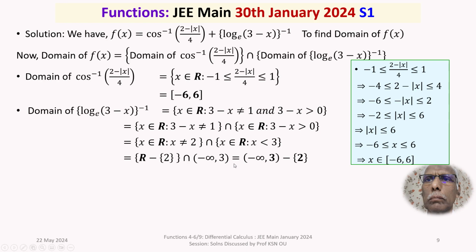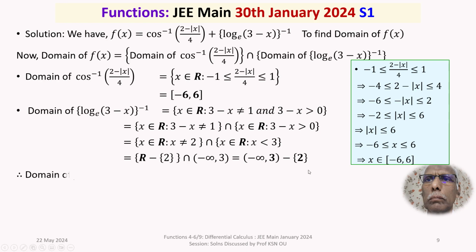Now you see the intersection of R with minus infinity to 3 is minus infinity to 3 only, because this is a part of R. Minus infinity to 3 open interval, minus singleton 2.